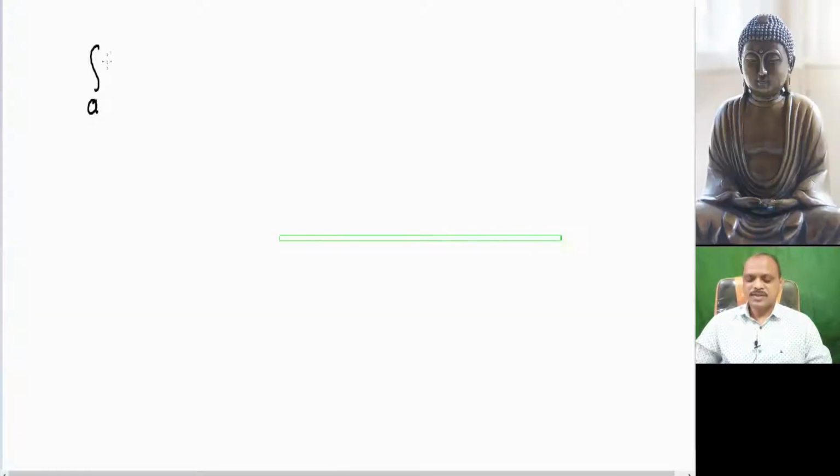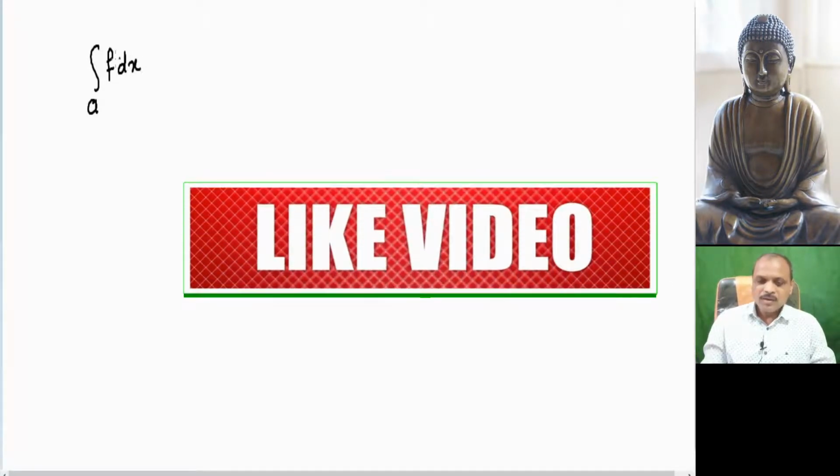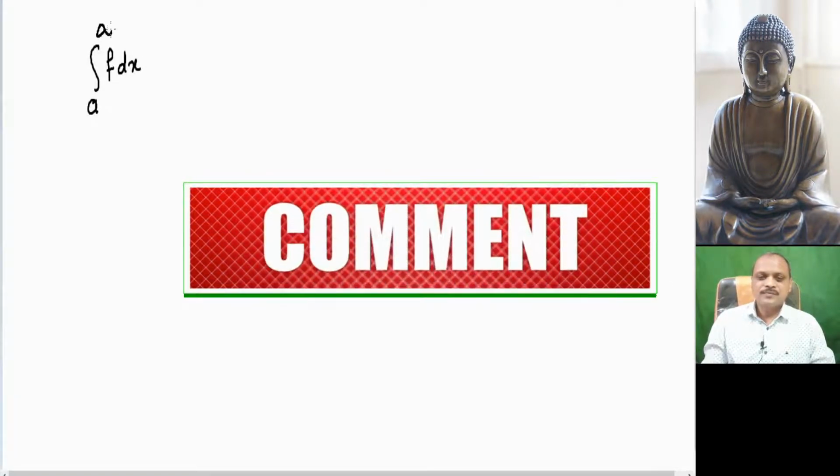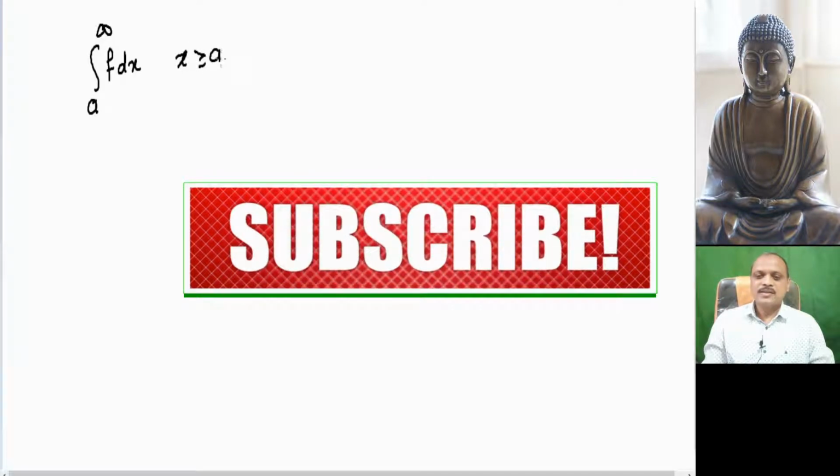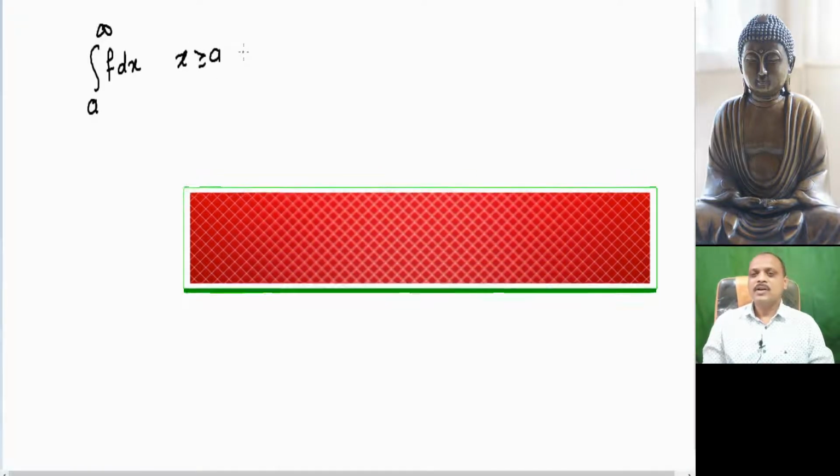In this video we discuss improper integrals and convergence of improper integrals when the bounds of the integrals are infinite. We define such a function as the integration of f, where x is greater than or equal to a.